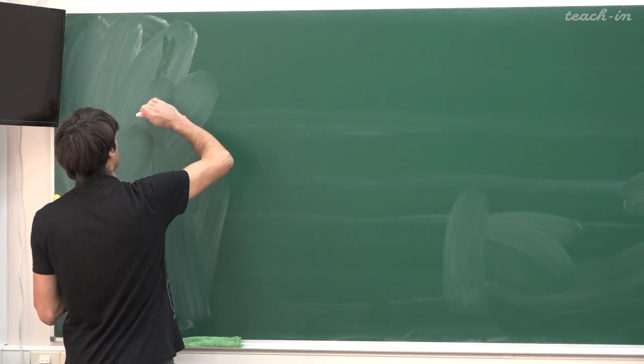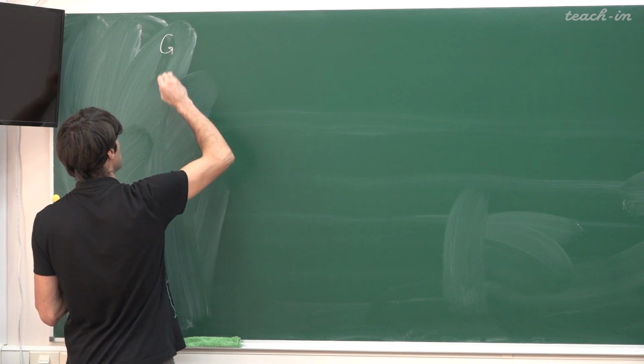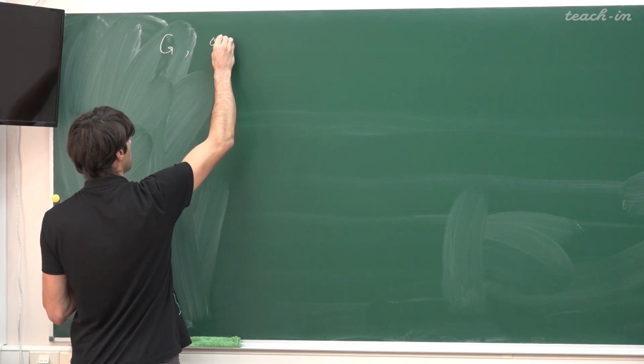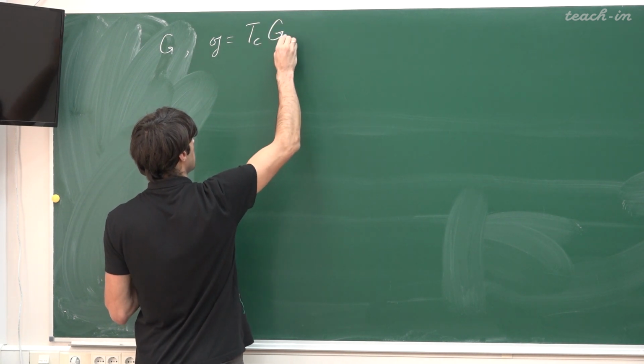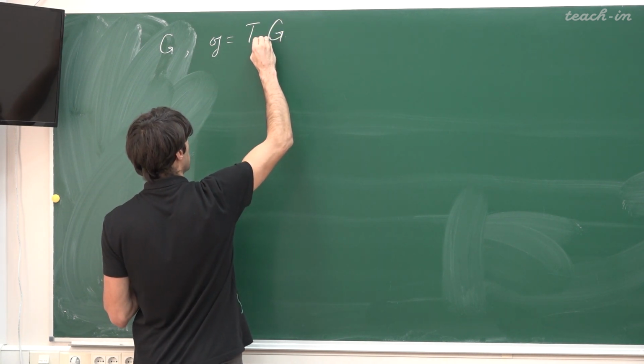All right, so let me consider a Lie group G, and let 𝔤 be its Lie algebra, tangent Lie algebra, as before.